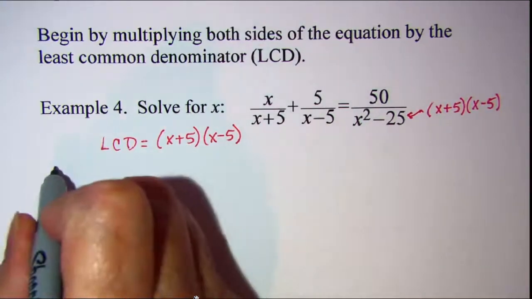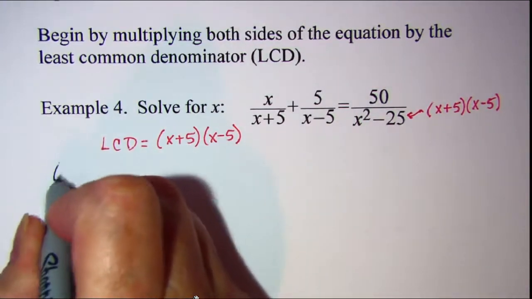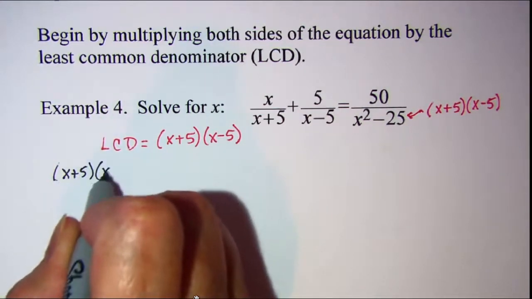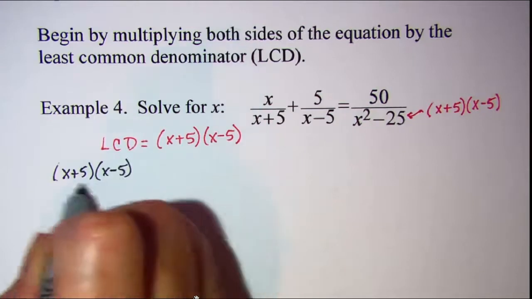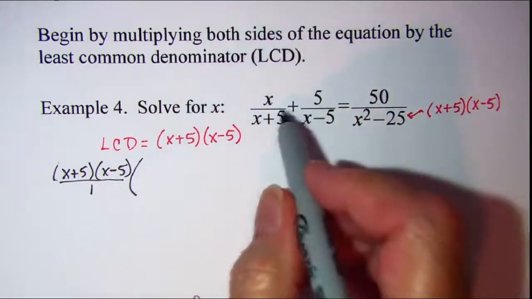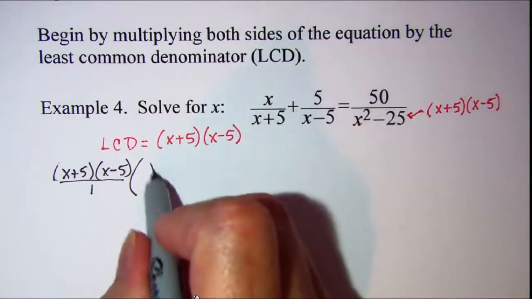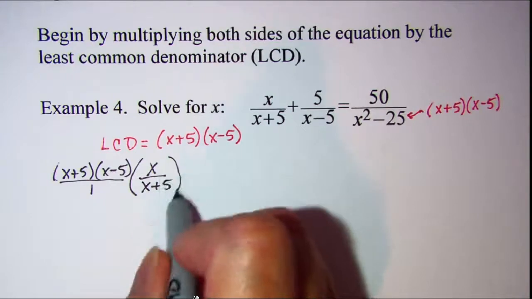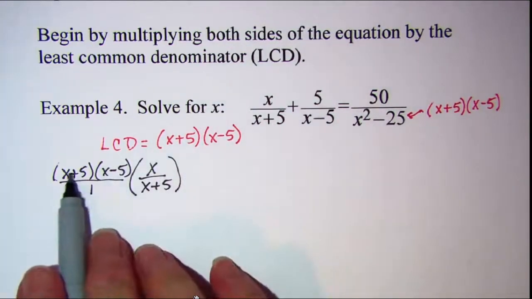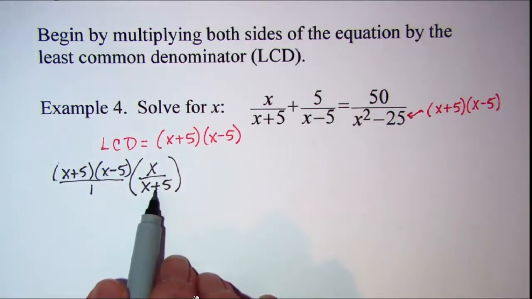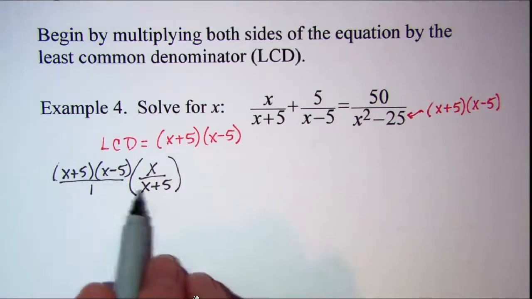So my least common denominator is x plus 5 times x minus 5, and I'm going to write that over 1 and then write my first term, x over x plus 5. That way we can see that this x plus 5 in the numerator and this x plus 5 in the denominator will cancel.